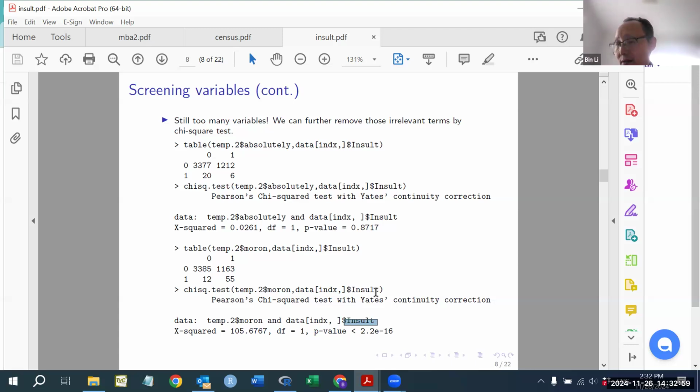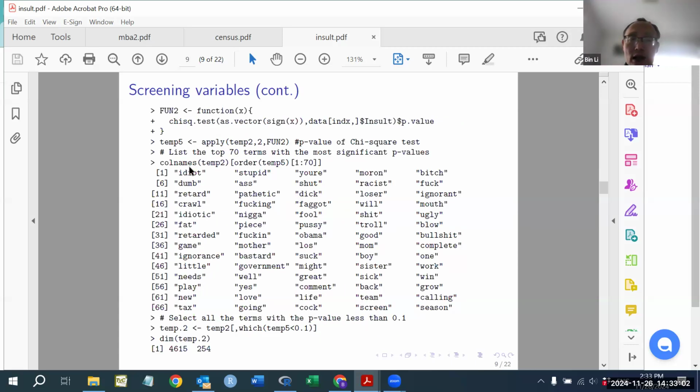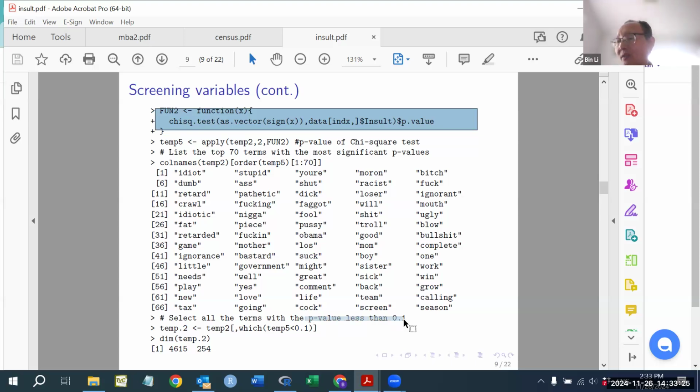Here I'm running a chi-square test on all the 800 words after the first two steps, and I use a threshold of 0.1 for the p-values. If the p-value is no greater than 0.1, we keep these words.